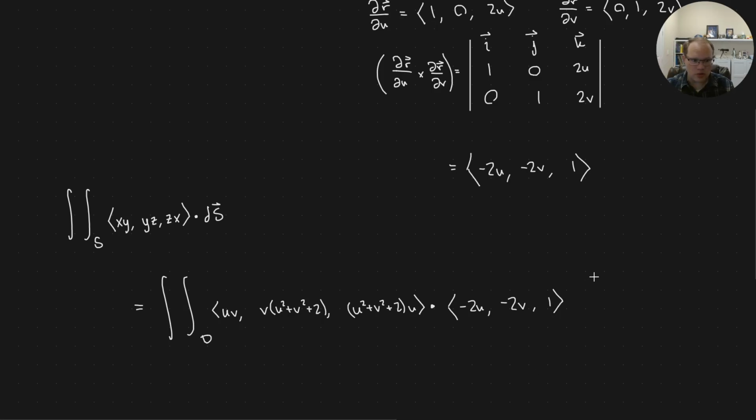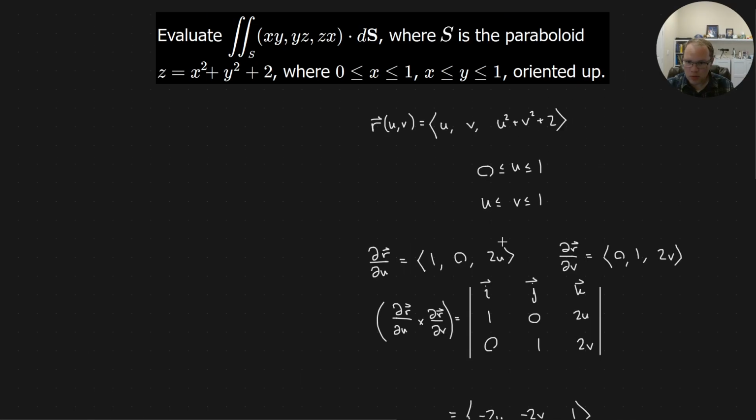And just as a reminder of what the formula is, probably write this down. This is the form we were given. Another possible form, you could have it as F dot n dS. They're equivalent.